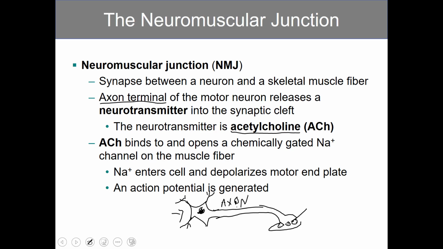ACh is going to bind to and open a chemically gated sodium channel on the muscle fiber. When it binds its receptor, sodium is going to enter the skeletal muscle fiber. It's going to cause a process called depolarization, and you get the formation of an electrical impulse, or an action potential. Again, I know there's a lot of terminology. I'm going to repetitively go over this multiple times.